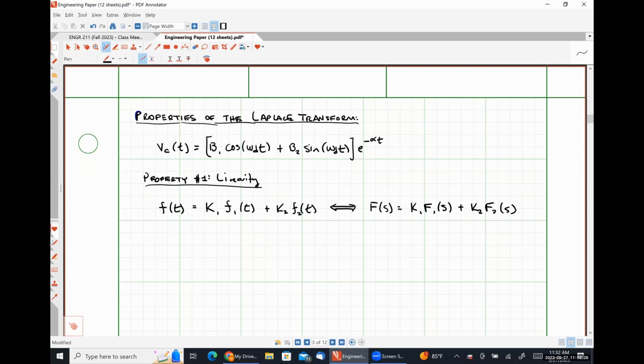So we see the additivity property and the scaling property buried in as well, okay? Proving this is pretty straightforward.